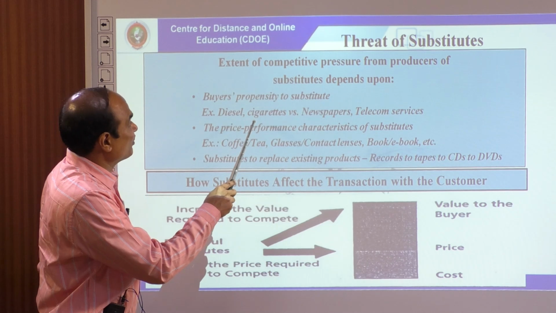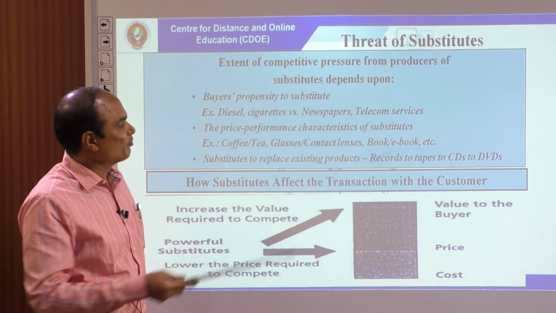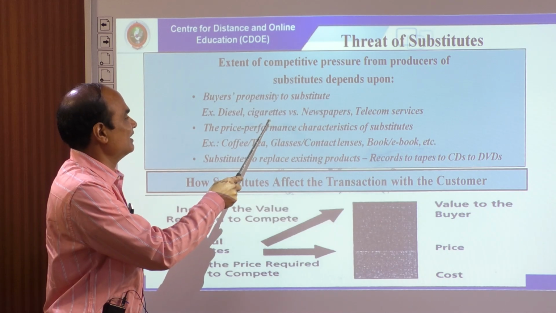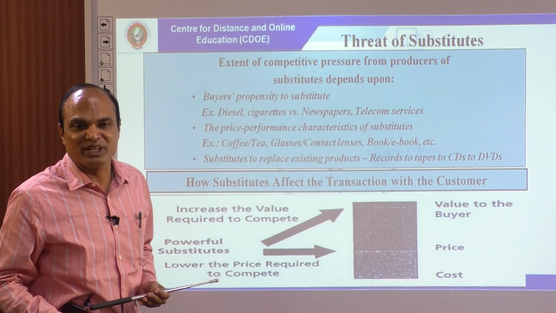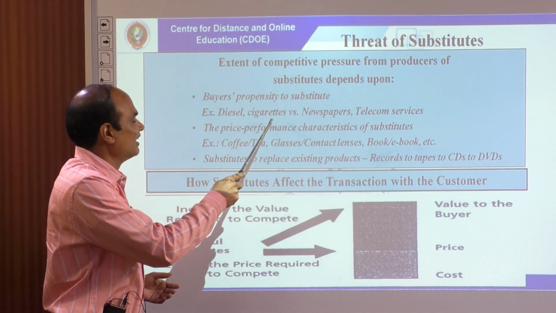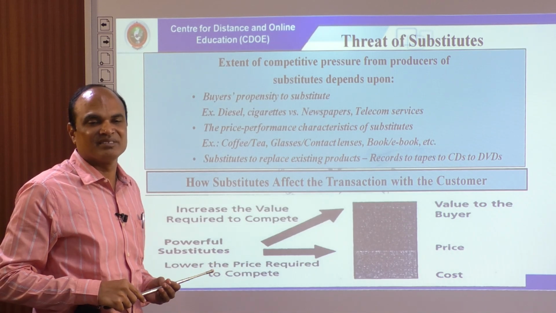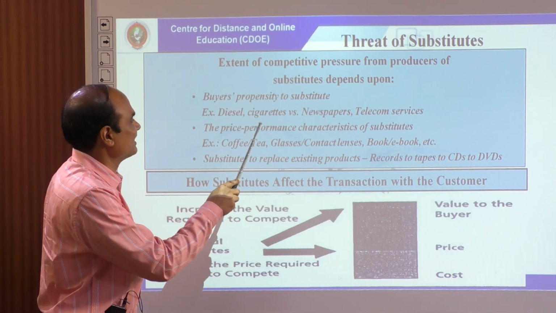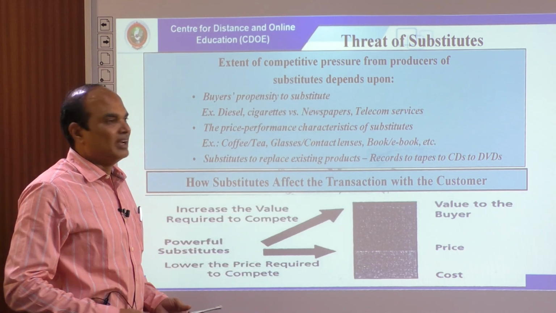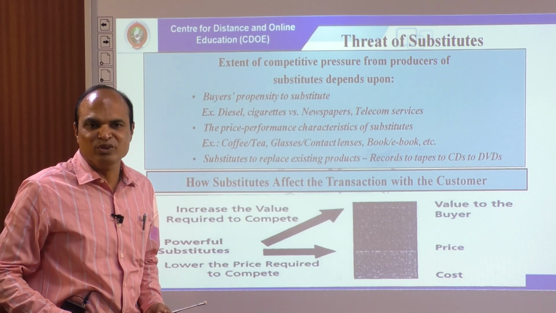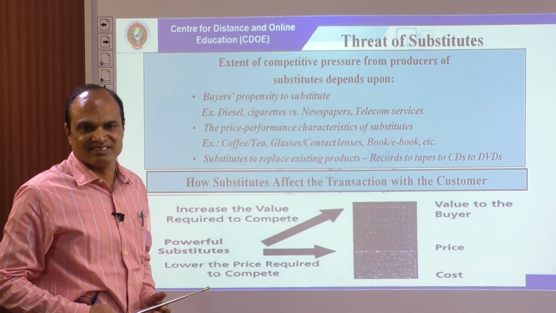And even though they have a substitute like beedis, they will not switch over, because they feel they get some kind of pleasure only from consuming a particular brand of cigarette. So diesel and cigarettes compare with newspapers and telecom. If you don't get the Hindu newspaper, you can have Deccan Herald, the Times of India and others.